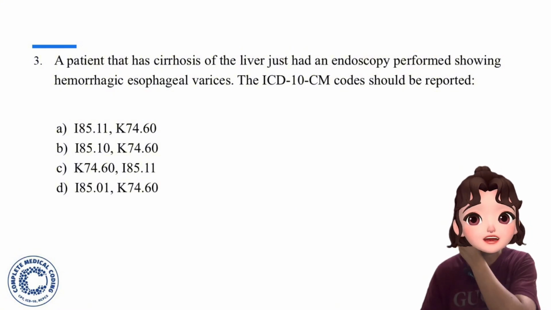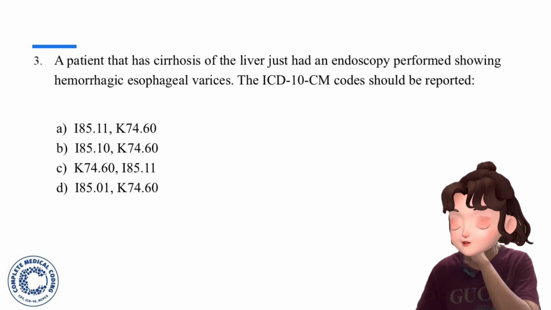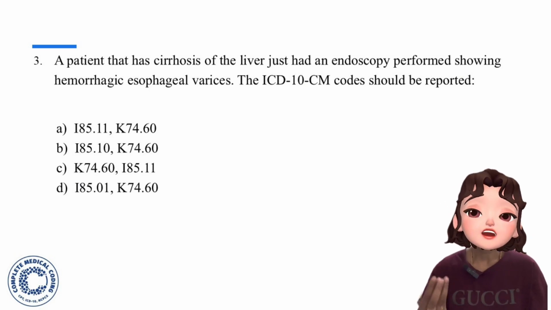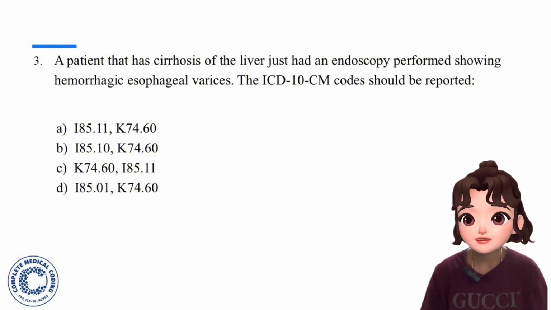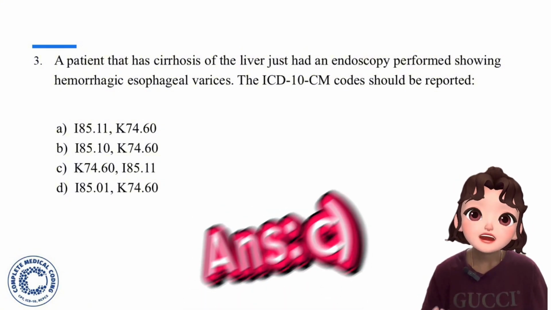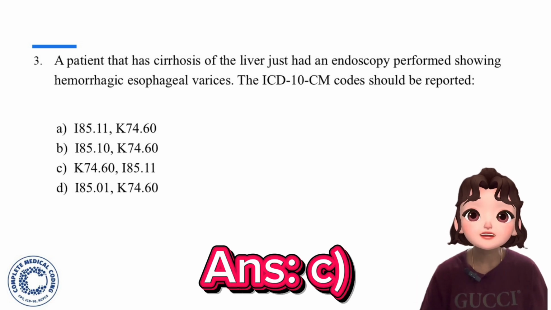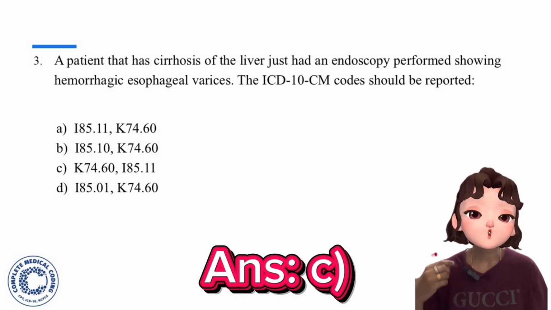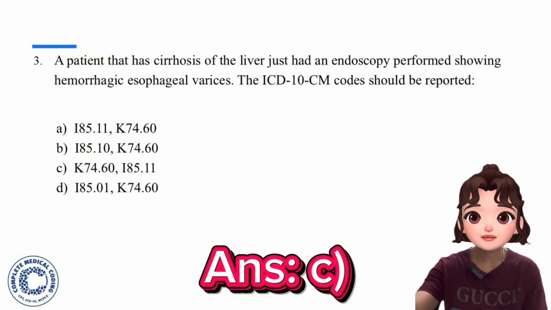Here you have to code the K code first, which is liver cirrhosis. So the answer here is option C, K74.60, which is liver cirrhosis, and then I85.11, which is esophageal varices with bleeding, because it is hemorrhagic esophageal varices.